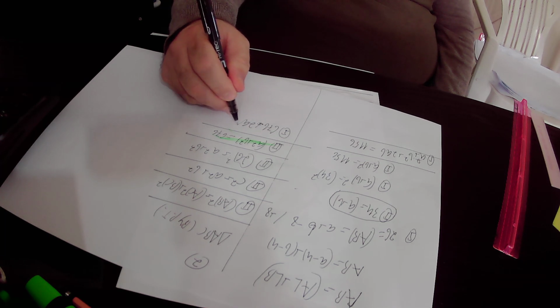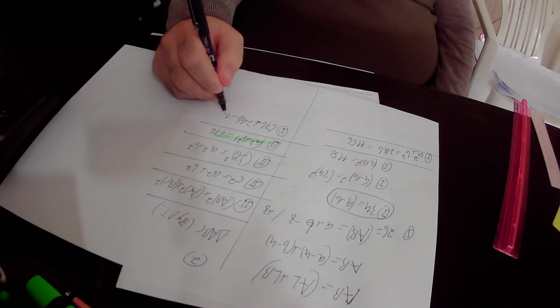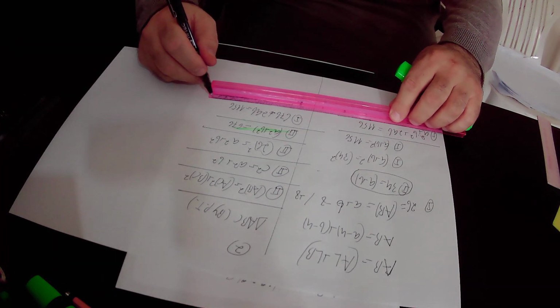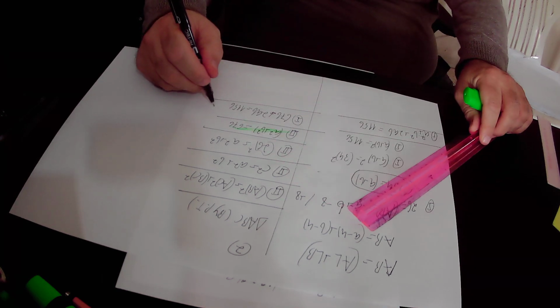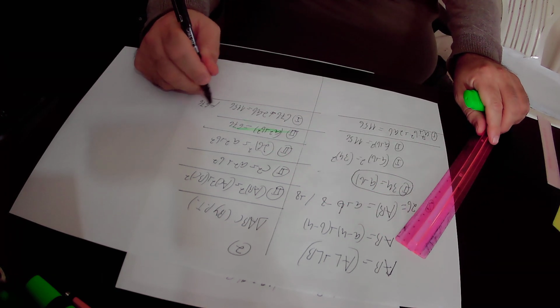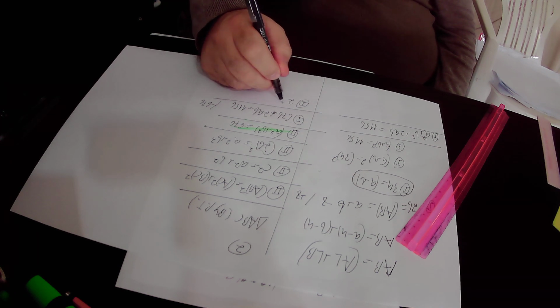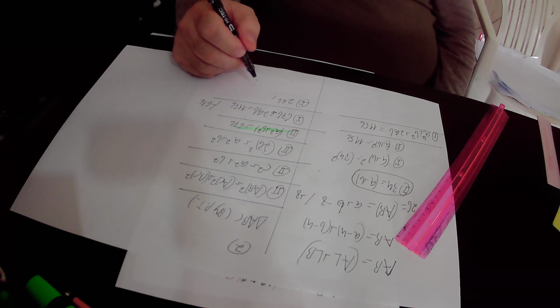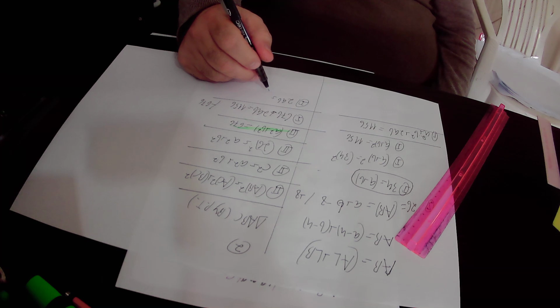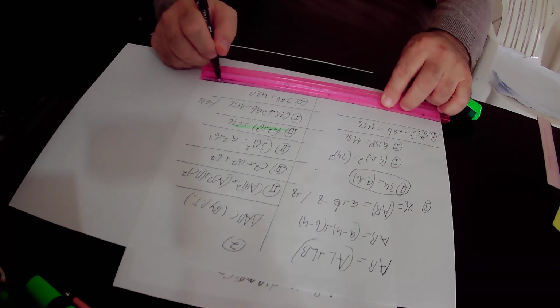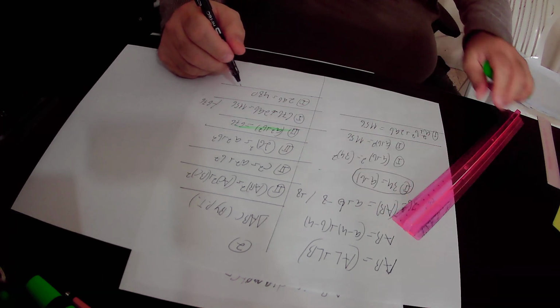Plus 2AB according to equation number 1 equals 1156. Here we subtract 676 from this equation, and we find out that 2 times AB equals 1156 minus 676. This is 480. So we found out that 2 times AB equals 480.